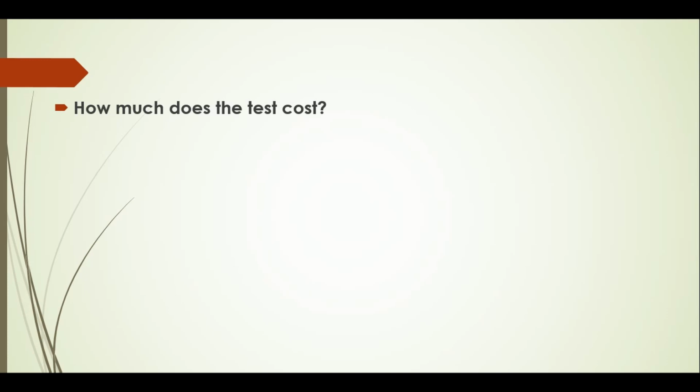So how much does the test cost? Well, as of today, the registration fee to take the GRE is $205. Remember, this is just the registration fee, plus the distribution fee of the test scores to 4 universities of your choice.